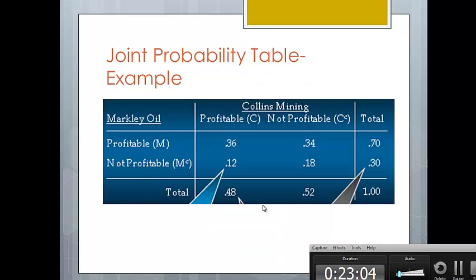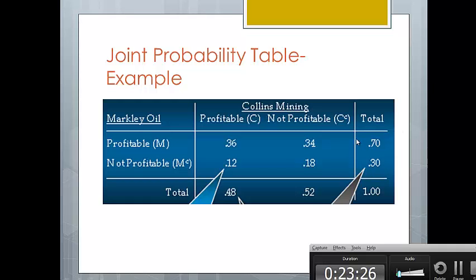So if we go back to our example here, the probability of event M is the probability that Markley Oil is going to be profitable. We know that that was 70%. Well, if event M is Markley Oil is profitable, then the complement of event M would be occurrences where Markley Oil is not profitable.